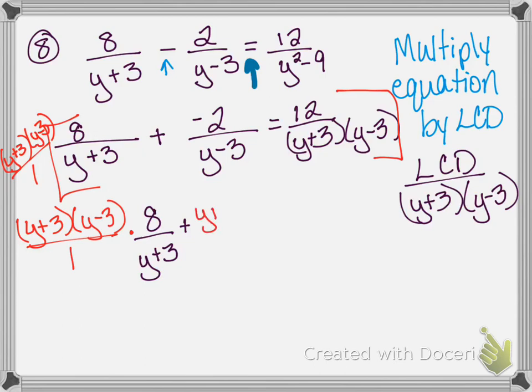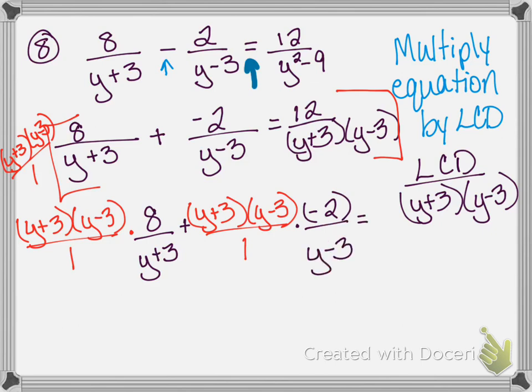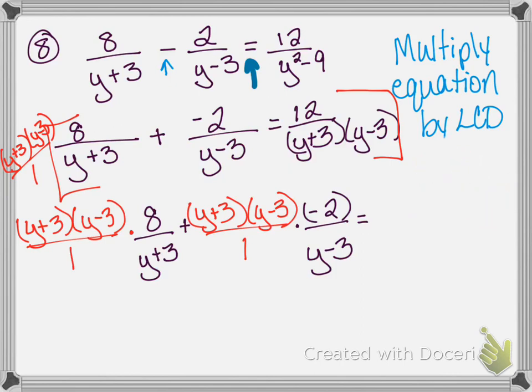Y plus 3 times y minus 3 over 1, and I am multiplying that times negative 2 over y minus 3. Now I'm going to have to erase my LCD so that I can keep going, but we know what our LCD is at this point.